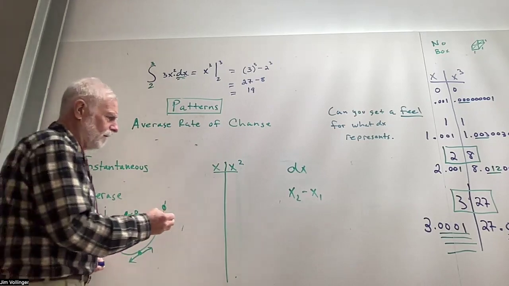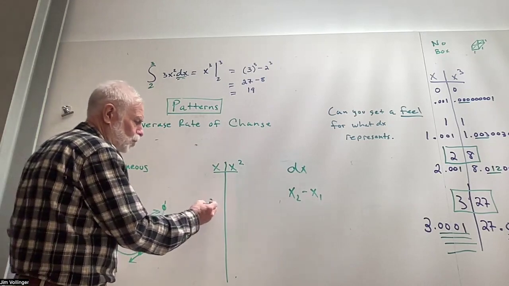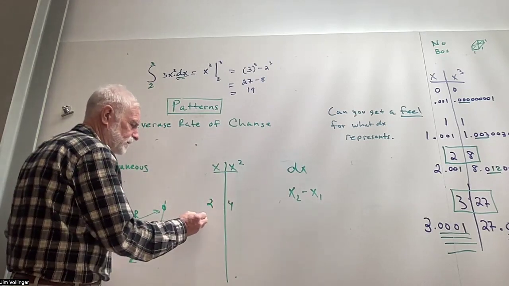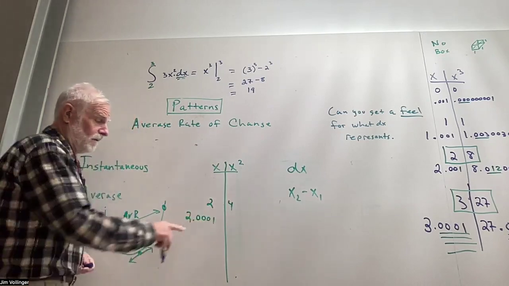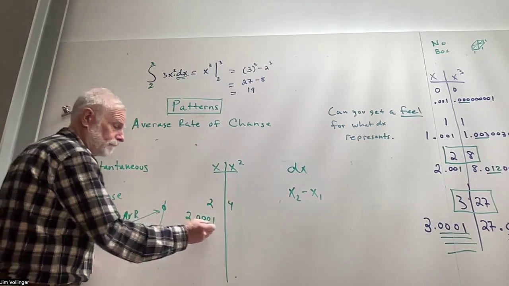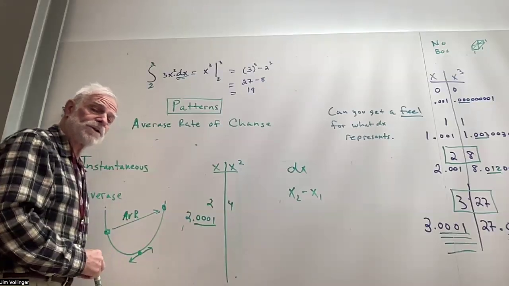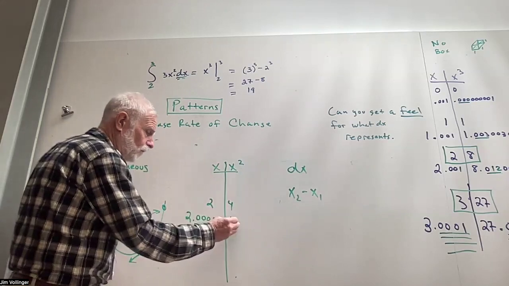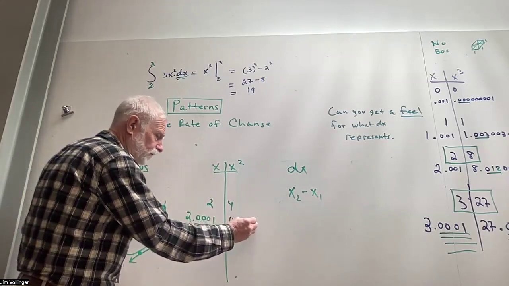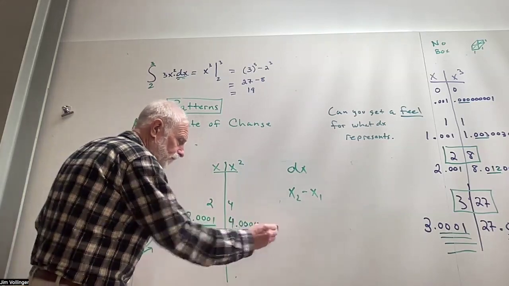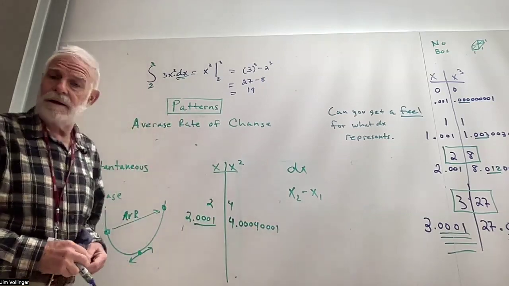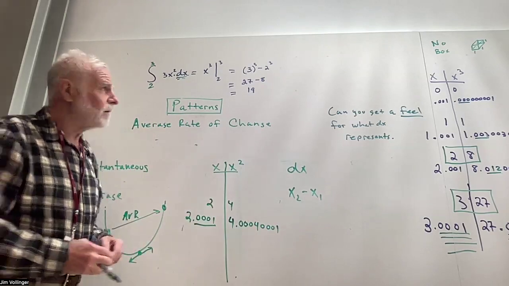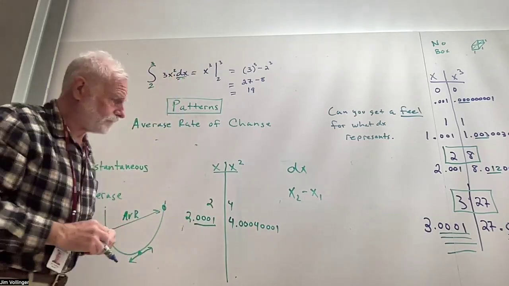But if I went from 2, which gets me 4 units squared, to 2.0001, a very small change from this number to that number, it turns out I get 4.0004. You're checking out a calculator. That's what you get. And so we're going to look at some of the patterns that emanate from this calculation.